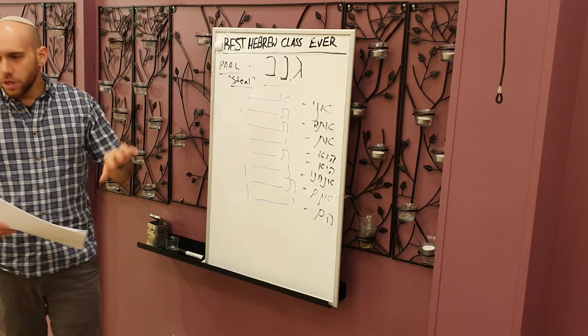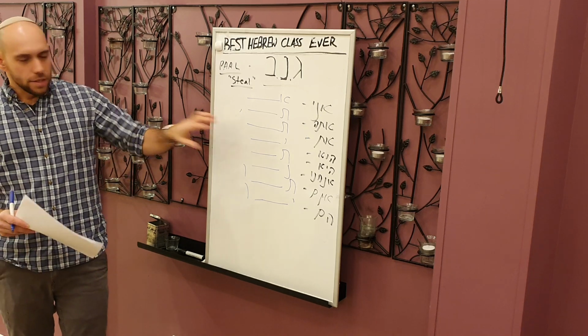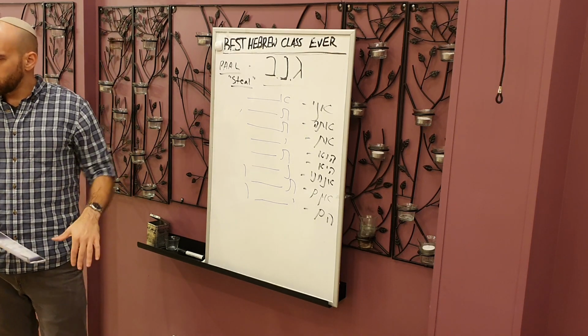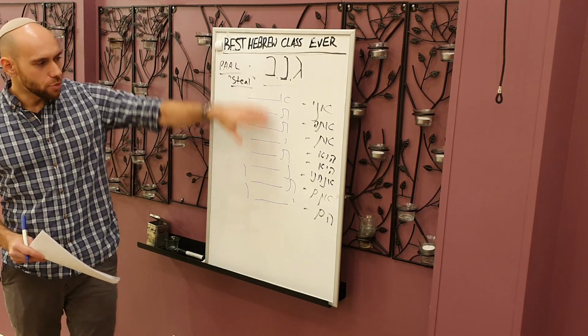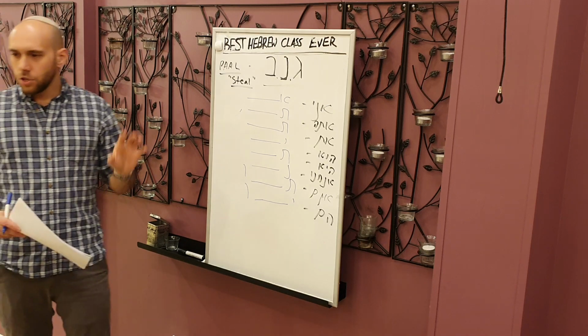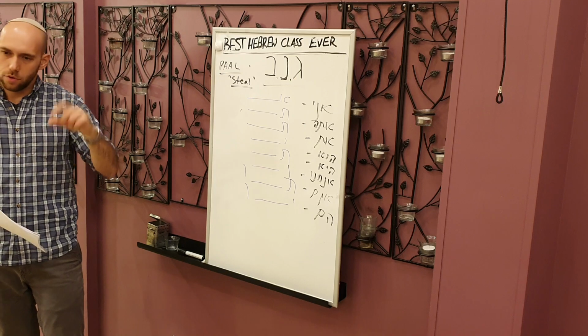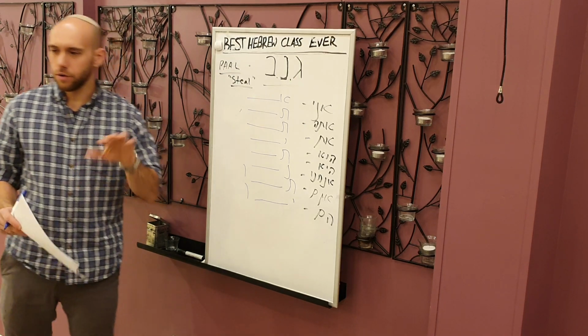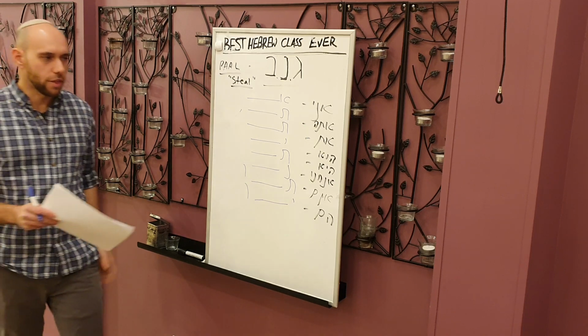All the differences between the binyanim happen in other ways. And the same thing for the past tense. All the suffixes of the past tense are the same for all the binyanim, just like all these prefixes and suffixes. So the change from binyan to binyan will happen in other ways, with other prefixes or vowels within the word.